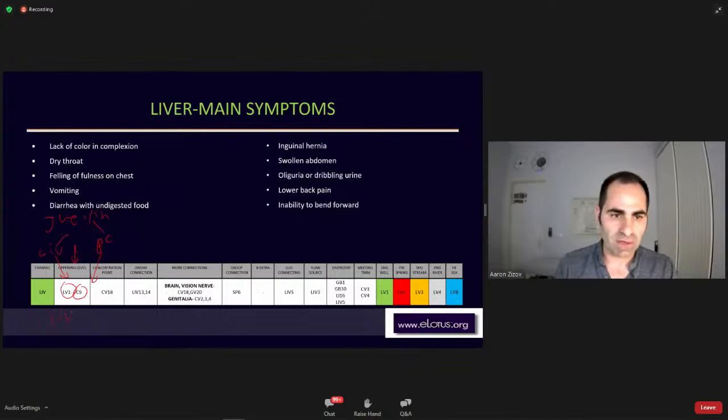So it will be liver 3 or pericardium 7 instead of these. We can use both of them. But again, the concentration point is the point that connects liver and pericard on the internal branches of the channels. Is it clear?